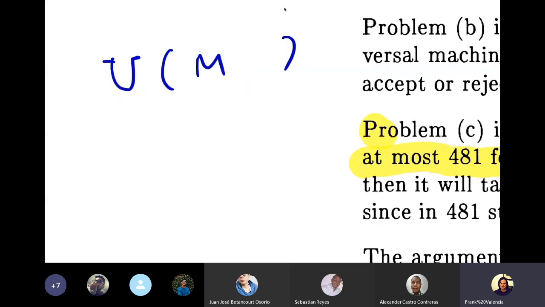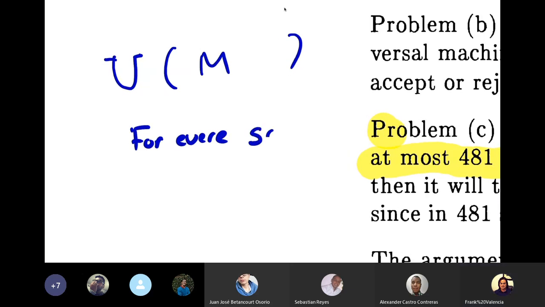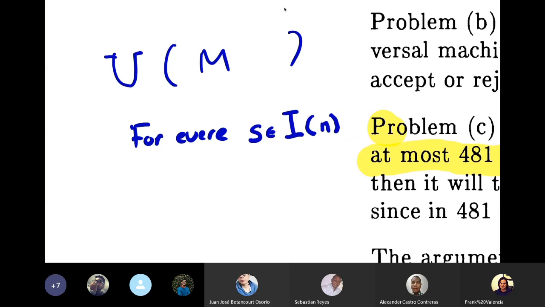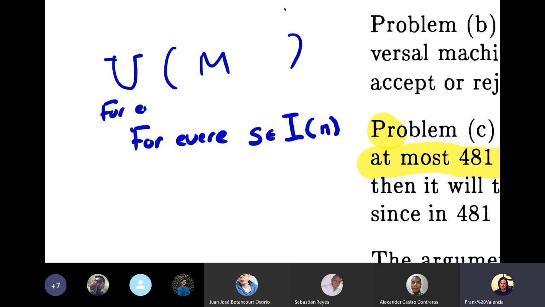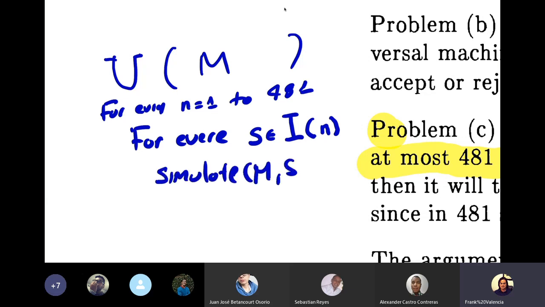Say, for every input s in the set of all inputs of size n, and this is for every n from 1 to 481, simulate M on input s. You see? Well, size 0, sorry.